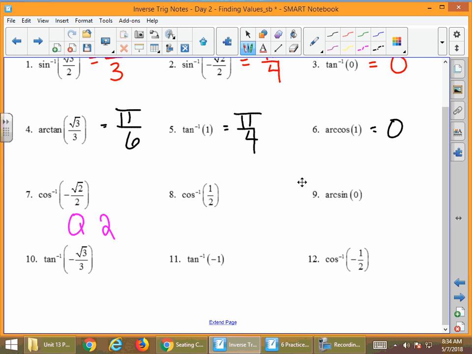And the thing is, what angle of cosine has a value of square root of 2 over 2? Well, that's pi over 4. But what's the value of pi over 4 in the second quadrant? And that's going to be 3 pi over 4.